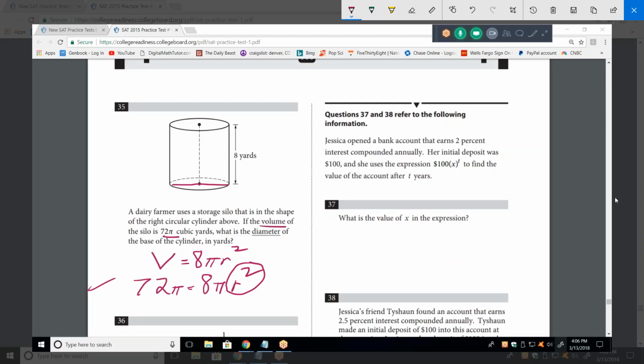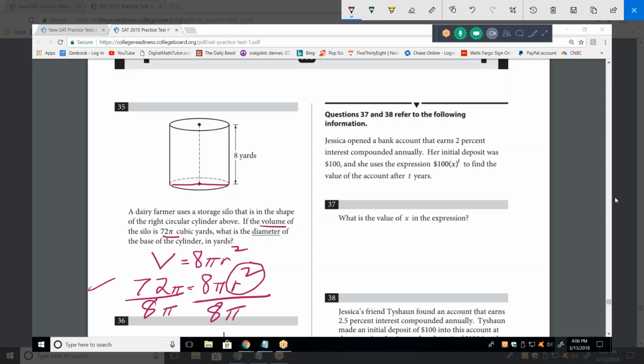What is the 8 and the pi doing to the r squared at the moment? Multiplying it. Yes. So what do I have to do to get rid of it? Divide. That's basically the way you solve all equations. Whatever the unnecessary stuff is doing, you do the opposite.